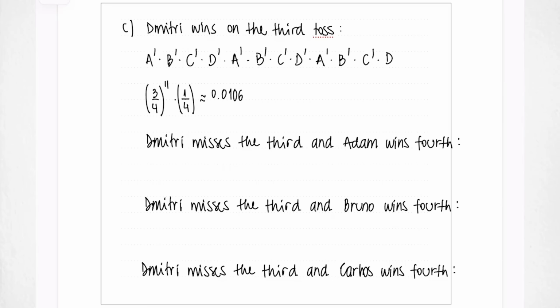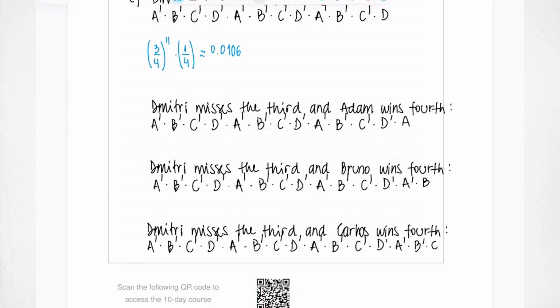Well, he might miss and Adam win on the fourth, or he might miss and Bruno win on the fourth, or he might miss and Carlos win on the fourth toss, which can be represented like this, which means that the probabilities are 3 over 4 to the power of 12 times 1 over 4, 3 over 4 to the power of 13 times 1 over 4, and lastly 3 over 4 to the power of 14 times 1 over 4.